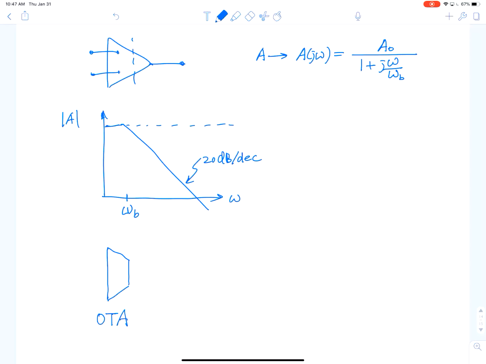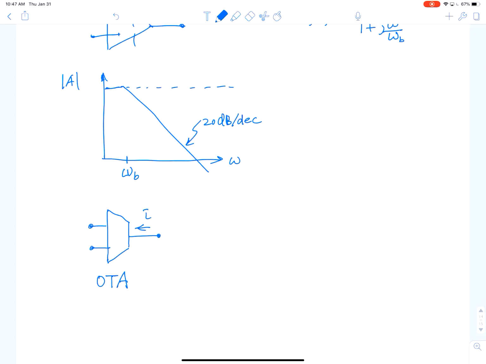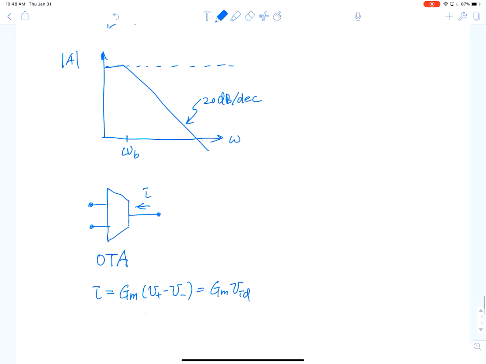It's in an early part of this lecture. An OTA is very similar to an operational amplifier, but it's just the front input stage. It actually produces a current, not a voltage. The current is equal to some gain factor, the transconductance gain, times the difference in voltage: gm times VID.